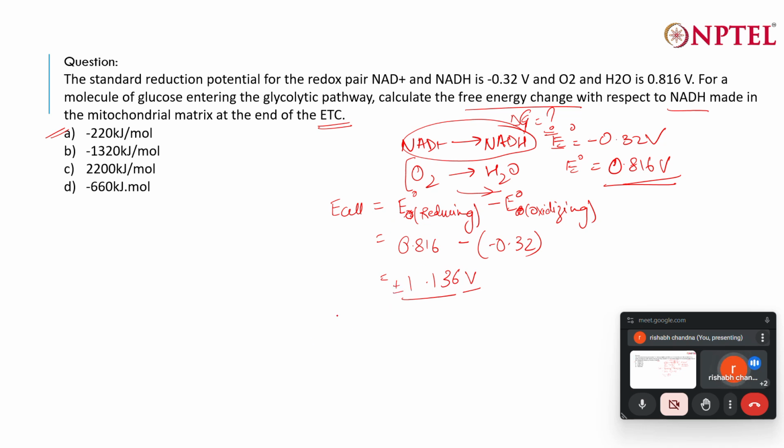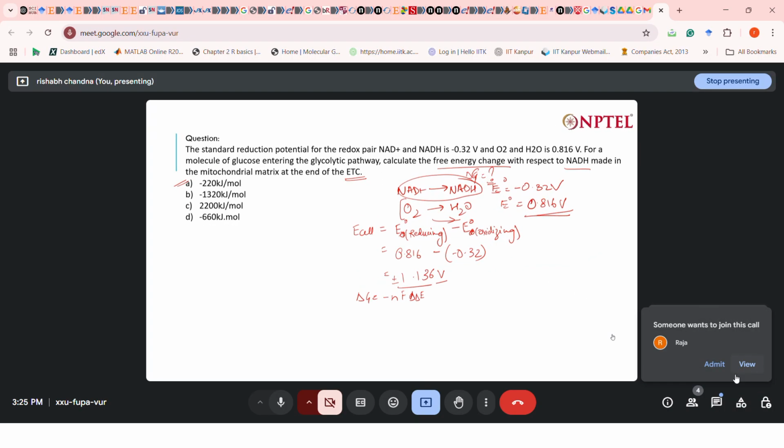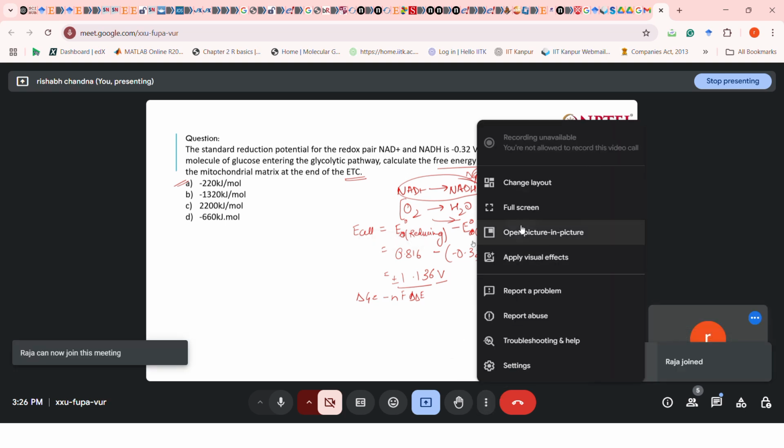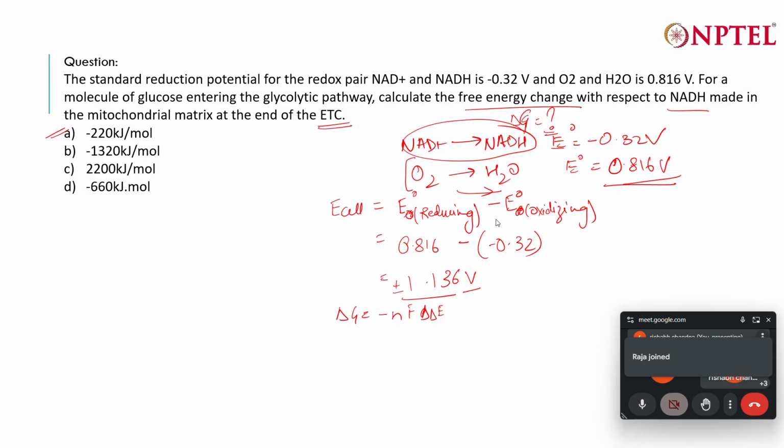Now, for delta G calculation, the formula is minus nF delta E, where delta E is the reduction potential. Just 1 minute. Okay, so now for each of the following reactions, we have two electrons involved in the process.